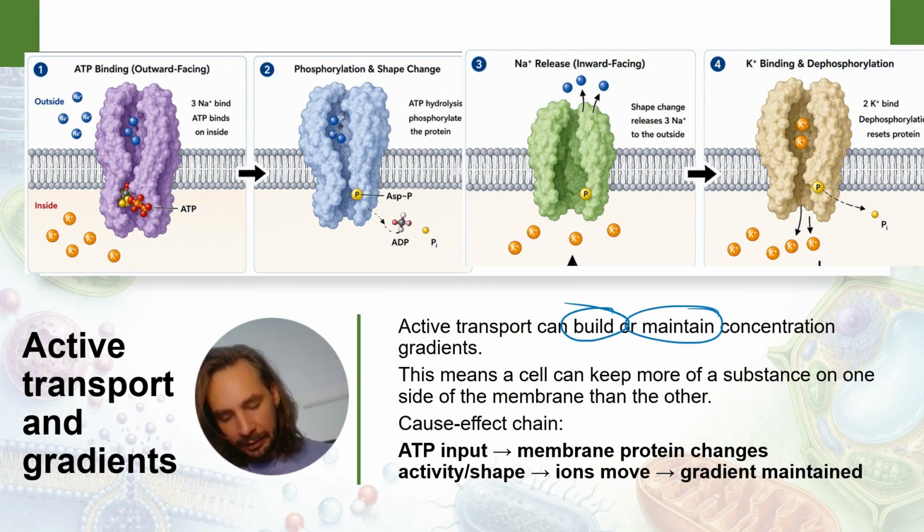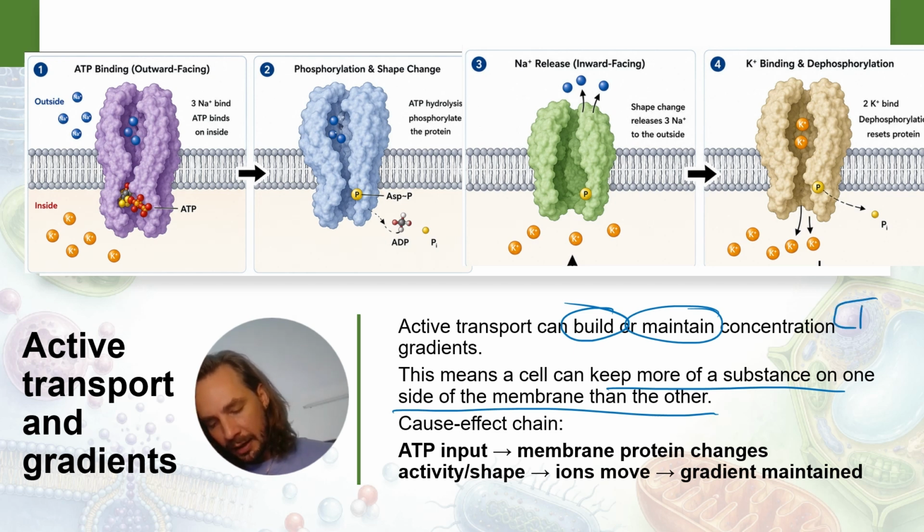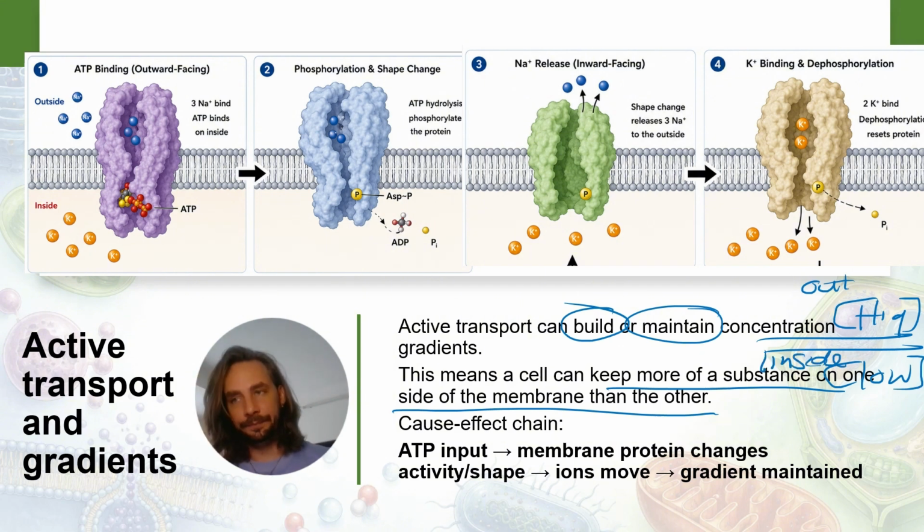This means a cell can keep more of a substance on one side of the membrane than the other. So the cell can work towards having a high concentration on the outside of the membrane, and a low concentration on the inside. And it can maintain that.